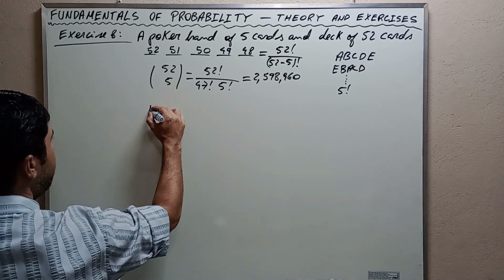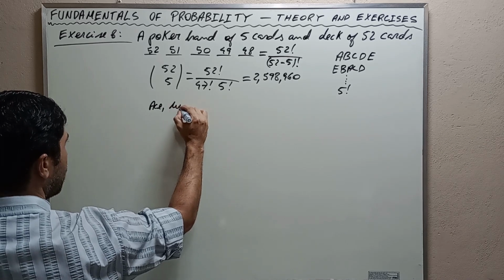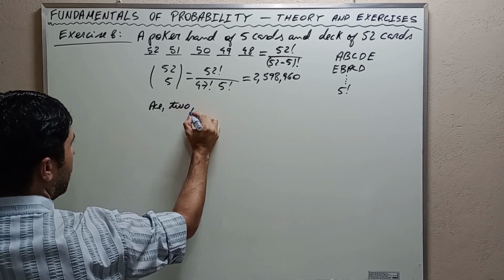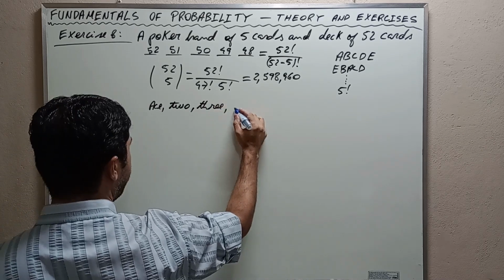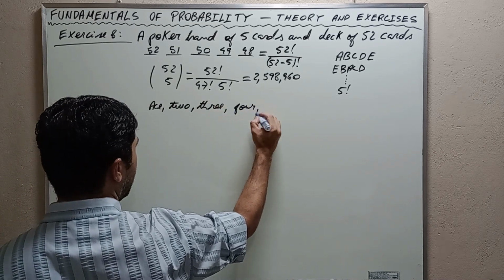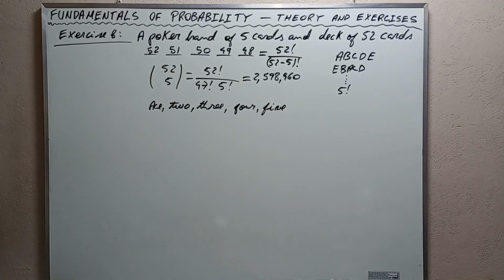We have an ace, a 2, a 3, a 4, and a 5. Okay, this is a straight. An example of a straight.